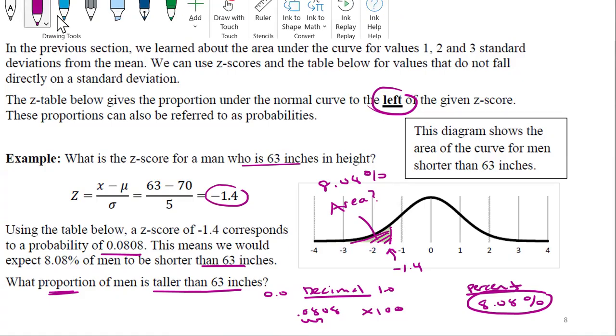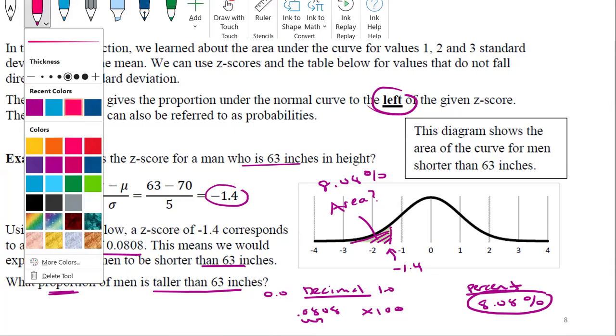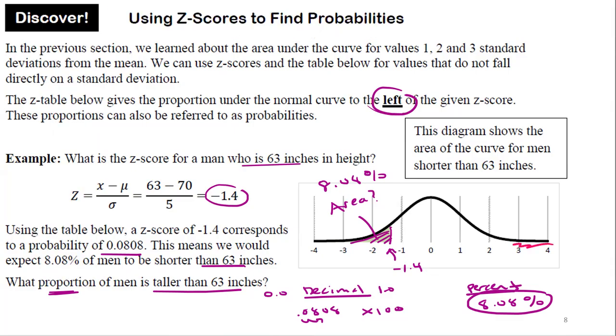So that means we want to shade what? To the right. We want this area here. Okay, because that's taller than 63 inches. Or more than, greater than. Those are some key words it will say. So we want this area here to the right, if it's asking taller.